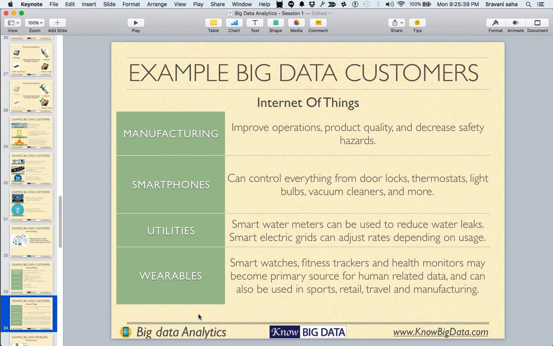The other aspects of Internet of Things is impacting every aspect of the human sciences, and every aspect of human need. And manufacturing is probably the one which is already impacted. Improving operations by putting GPS, sensor tracking, and automation like alarms, and there are many more use cases of making things intelligent.